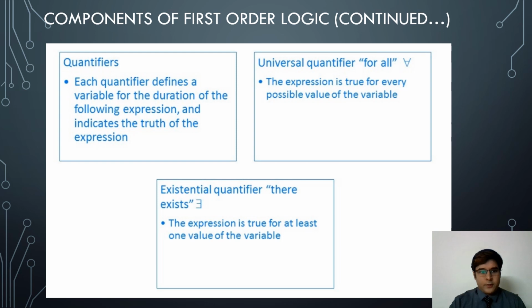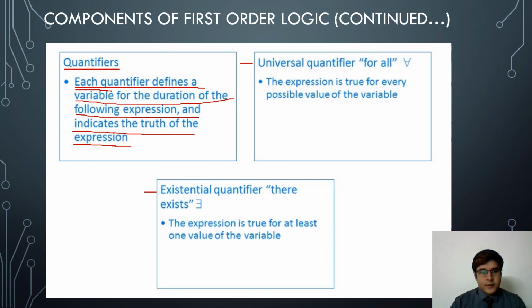Next we see quantifiers, which are again a part of the syntax of first order logic. Specifically, the quantifiers are the universal and the existential quantifier, as shown here. Each quantifier defines a variable for the duration of the following expression and indicates the truth of the expression against that variable.